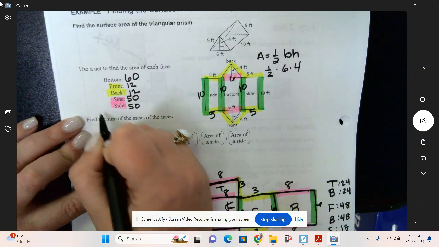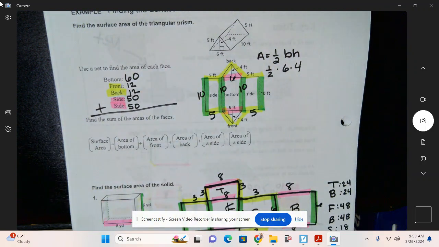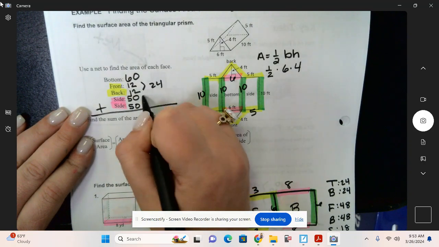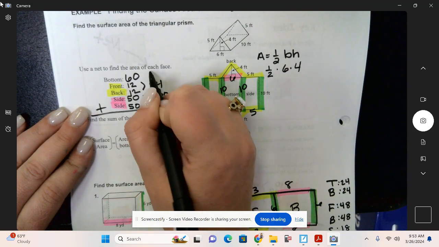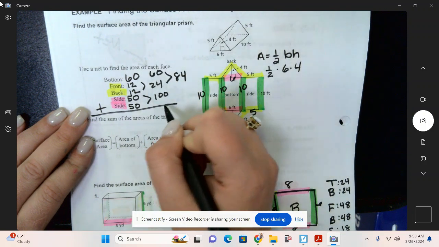And then I just add them all up. So I get 24, 160. That gives me 84, 100.